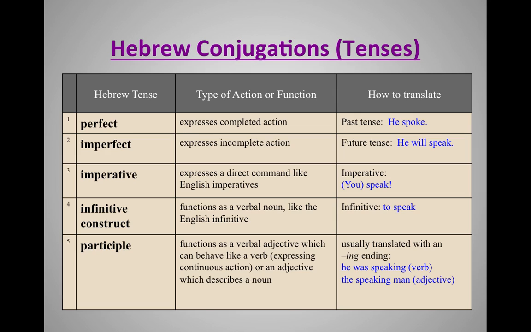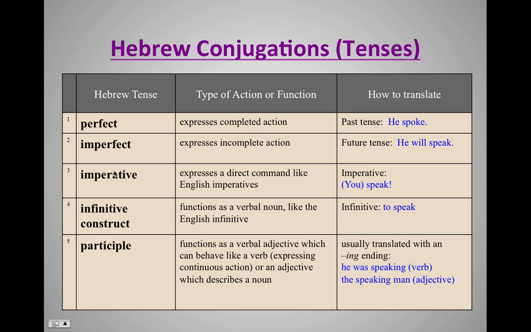Perfect verbs express completed action. Now, this is sort of an odd way to talk about action with Hebrew verbs, but this is the best way we can approach it in Hebrew. Since Hebrew does not use tense in the exact precise way that English does, the best way that we can talk about tense in Hebrew is to talk about an action that is completed, has been completed, i.e. in the past.